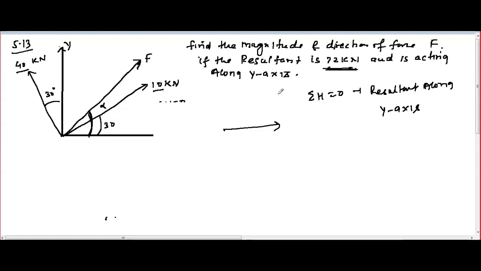And vertical will be 0 if the resultant is along the x-axis.